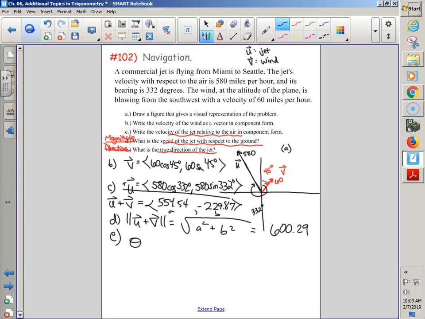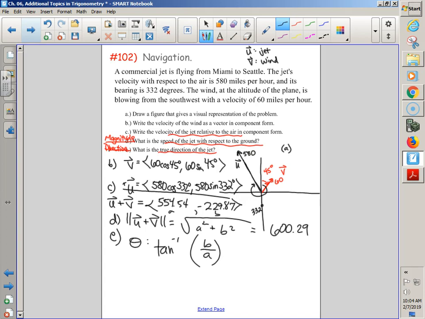Okay, what do you guys remember, or what are you looking at in your notes? Opposite over adjacent. So you can say opposite is the B, over adjacent is the A. But what trig function is opposite over adjacent?